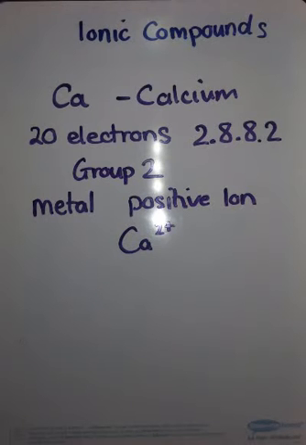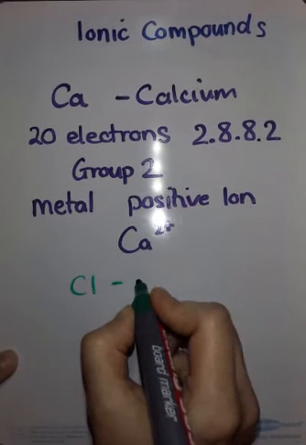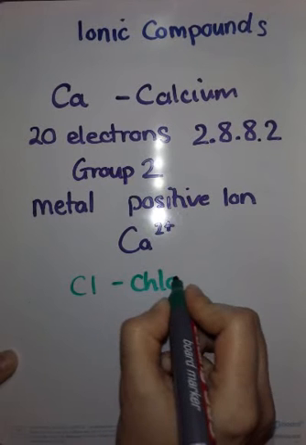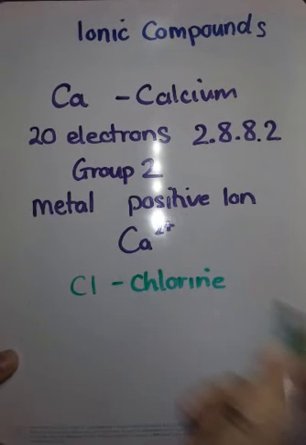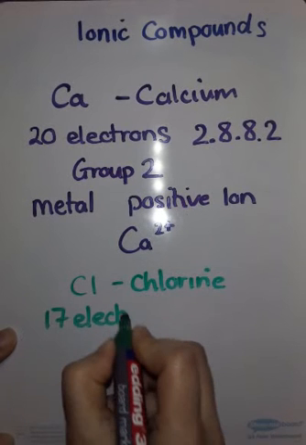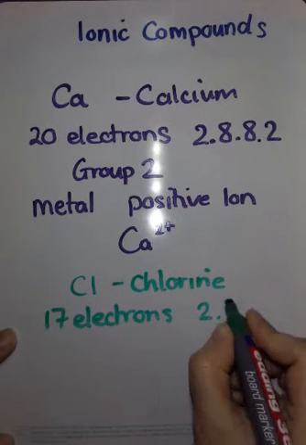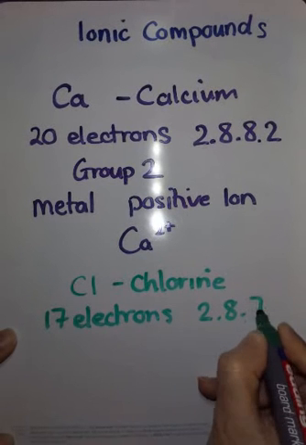Now another one that we're going to look at this time is over on the right hand side of the periodic table, and this is a non-metal. Our non-metal that we're going to look at is chlorine. Now chlorine, if you have a look, has got 17 electrons. So if we were going to write its electron arrangement, 2, 8 and 7.